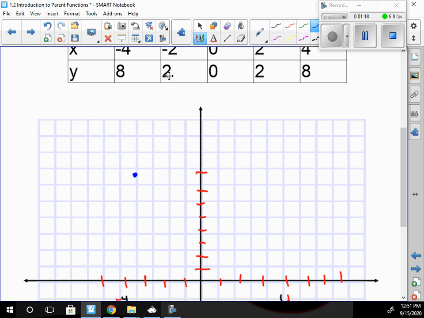Next point is -2, 2. So I go back to -2 and up to 2. Then I have 0, 0. So now we plot our next point, 2, 2.